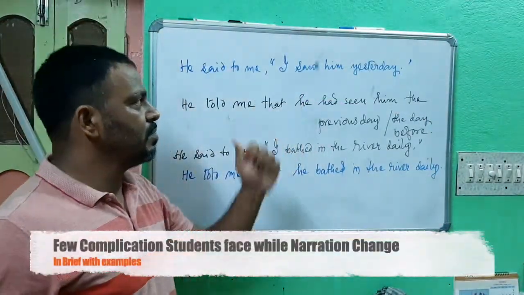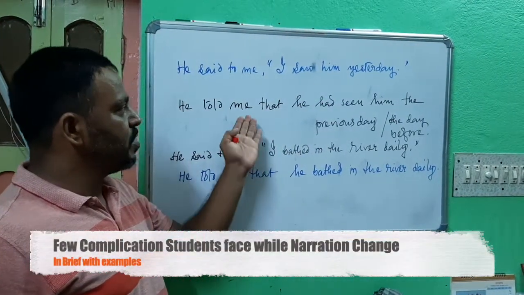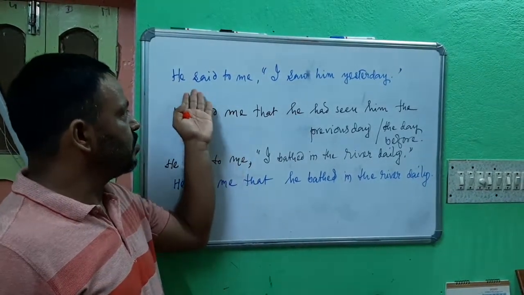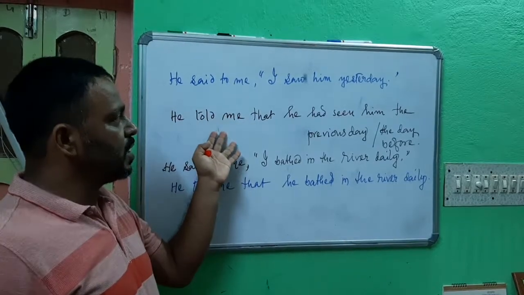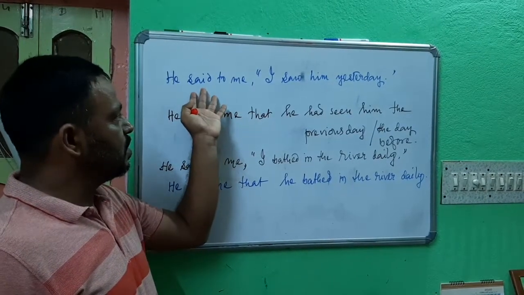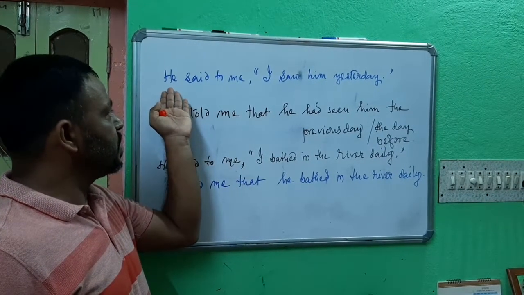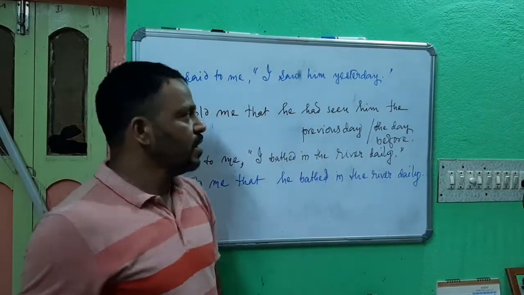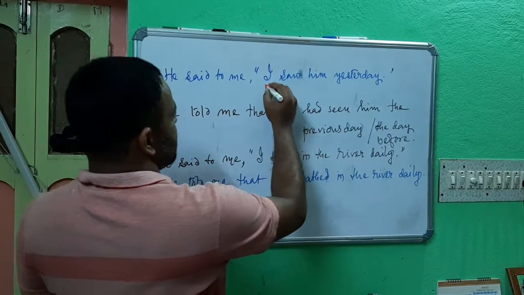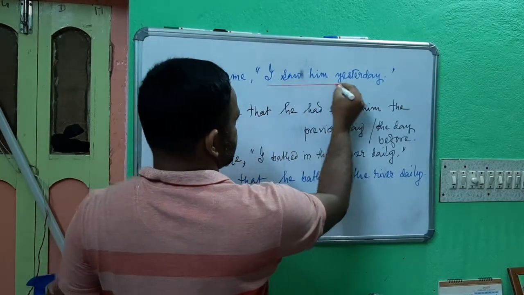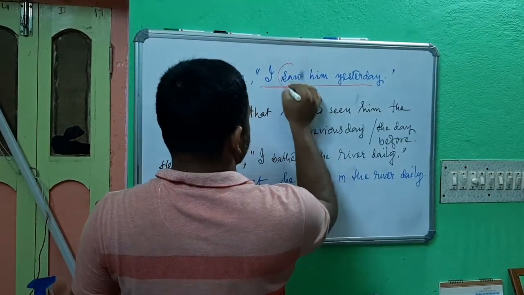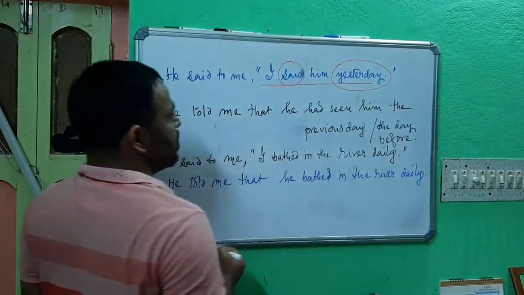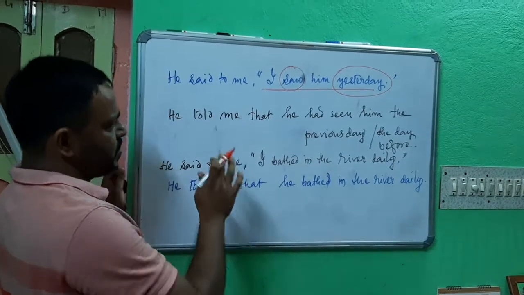Now come to some of the complications that we generally face while changing from direct to indirect narration. Suppose the speaker says, he said to me, "I saw him yesterday." The reported speech is in past tense, I saw, and the word yesterday is the complication we generally face.